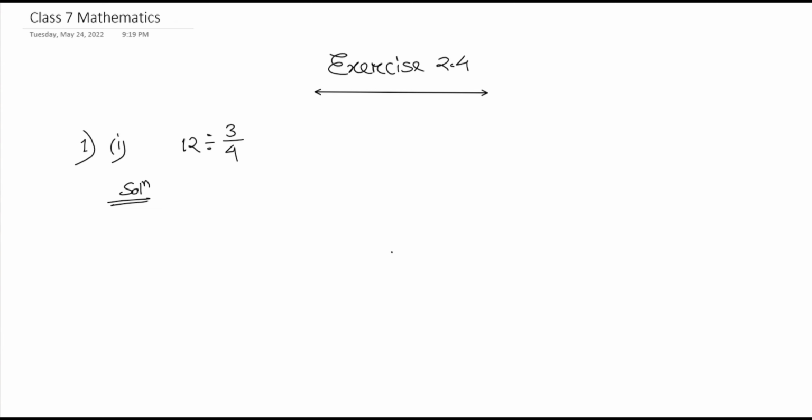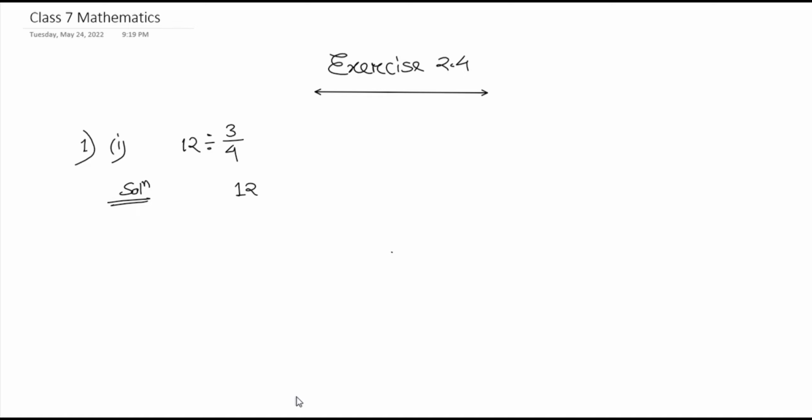So students, now we are going to solve the problem 1 of question number 1. यहाँ पे है 12 divided by 3 by 4. I am going to try to teach you the best possible way to solve this question. यहाँ पे first number को पहले लिख लेना पड़ेगा.